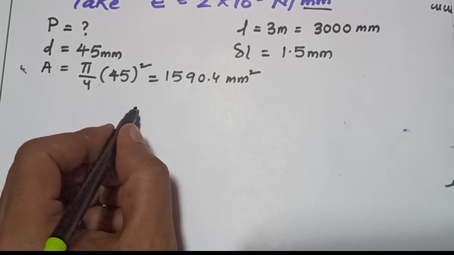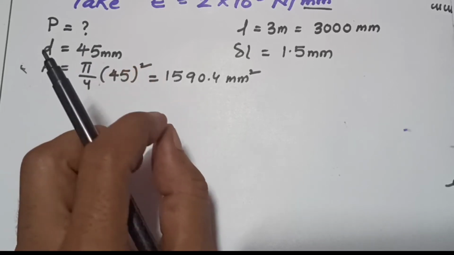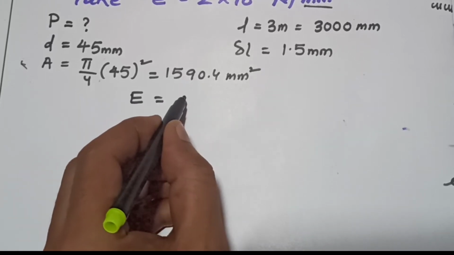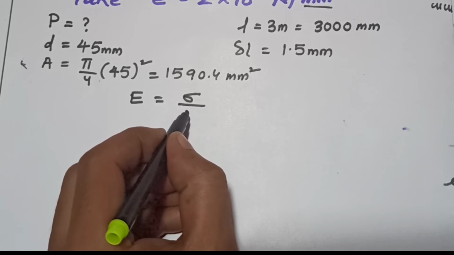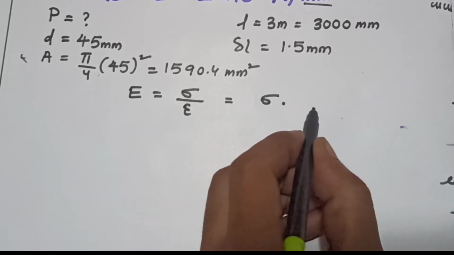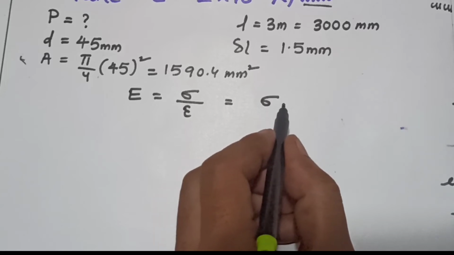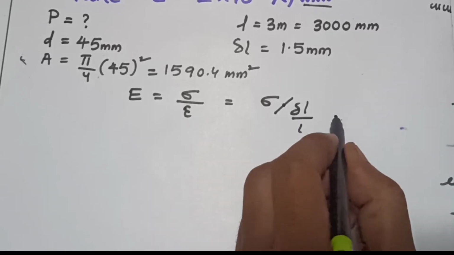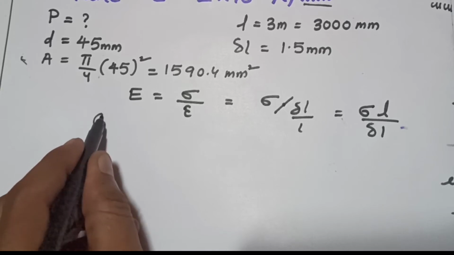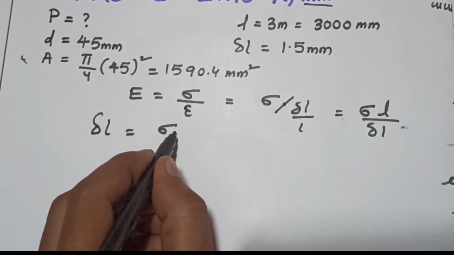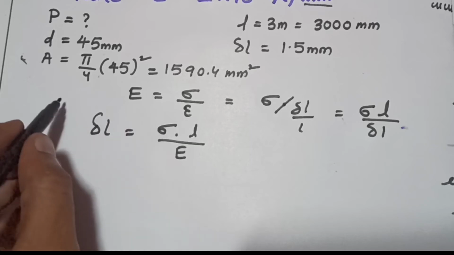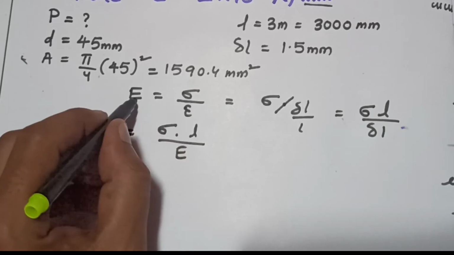Now, as we know the equation for stress: Young's modulus E is equal to stress by strain epsilon. Further it can be modified: strain is delta L by L. Now this equation becomes E equals sigma L by delta L. Again modifying, delta L is equal to sigma L by E. If you know it, you can directly write stress is equal to E into epsilon.